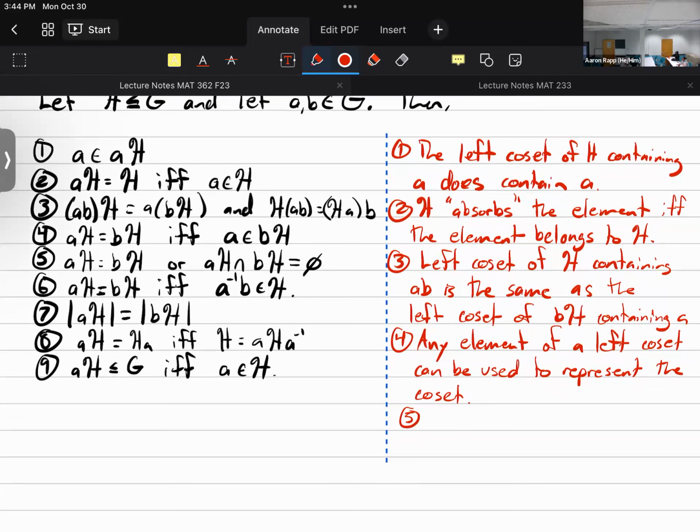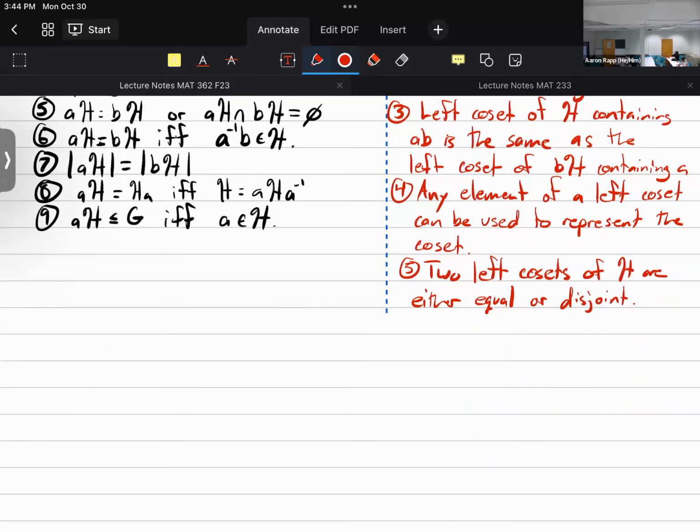Fifth one. Two left cosets of H are either identical or disjoint. No in between. All elements have to be the same, or none of it.